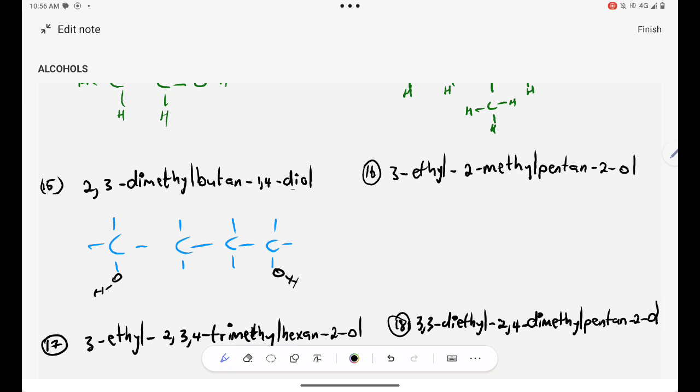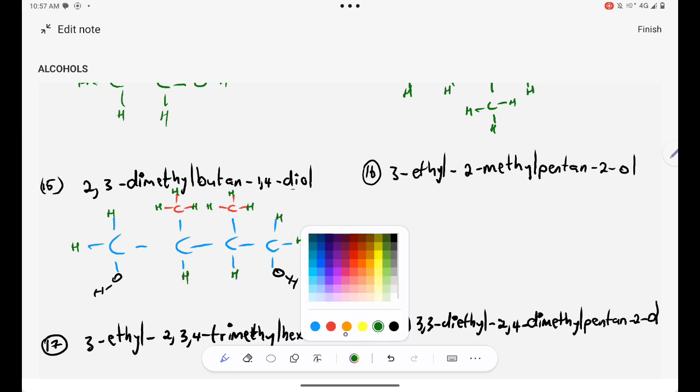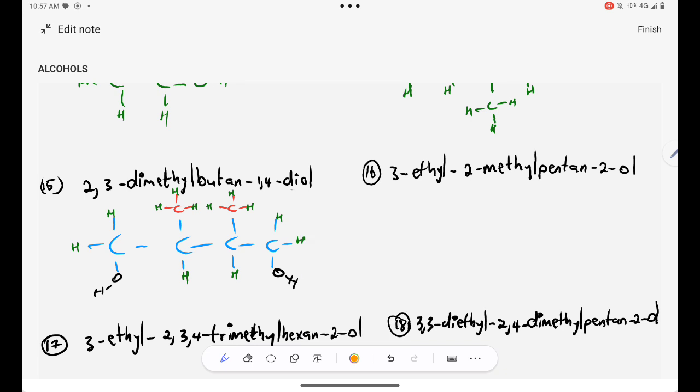And they're at carbon number 1 and carbon number 4. And then at carbon number 2 and 3, I have my side chains. That's CH3, another CH3. All I have to do is write the hydrogens there, like this, right? And I'm already given the IUPAC name. This will be the structural formula of that IUPAC name.